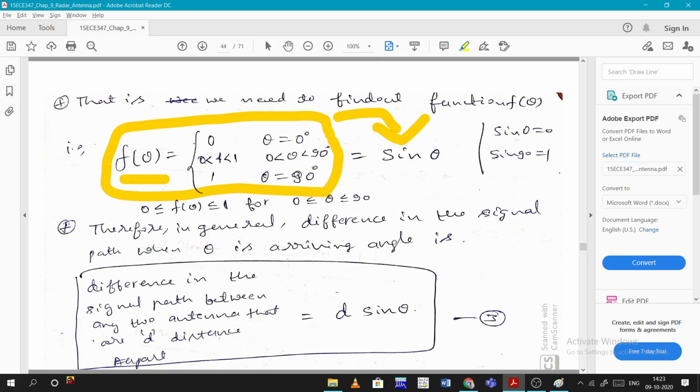The original formula for finding the difference between the signal path will be d into sine theta. So if you know that angle, how much it is incident on the antennas, we can find the signal difference between the signal paths.